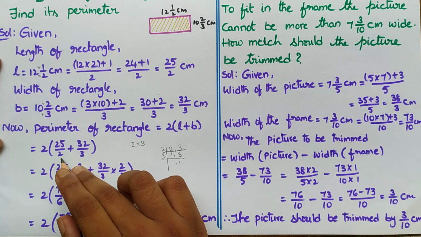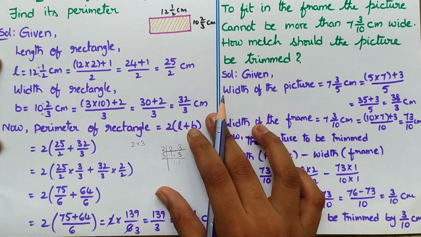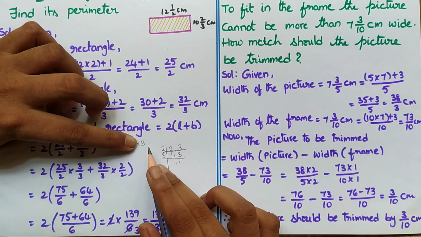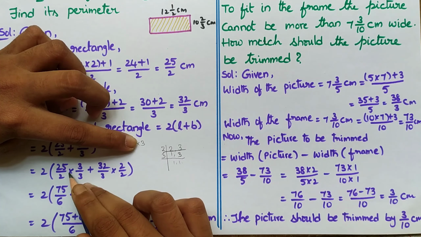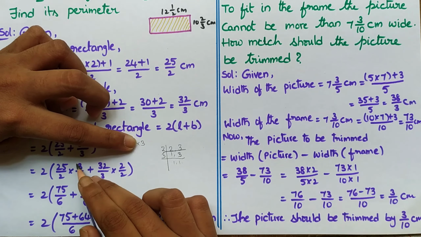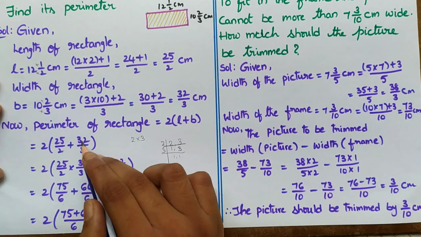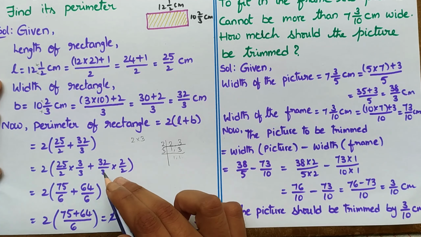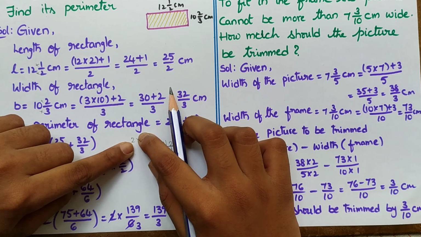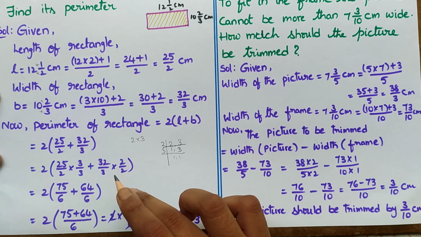Now, the denominator here is 2, so let us close 2, and here it is 3. So 25/2 into 3/3, plus 32/3 into 2/2, where the denominator is 3, so let us close 3 and what remains is 2.